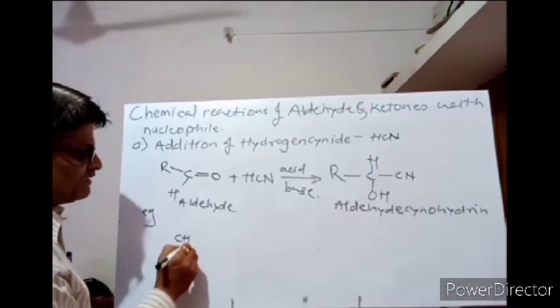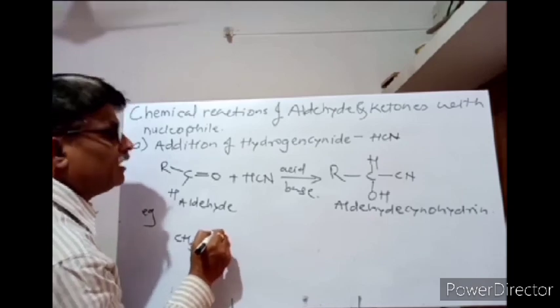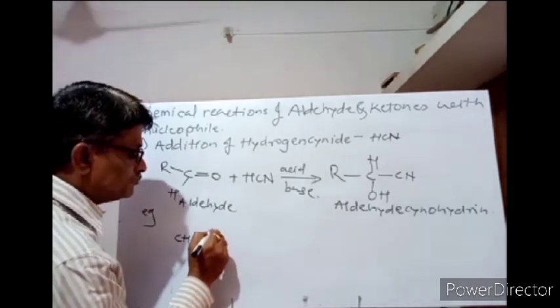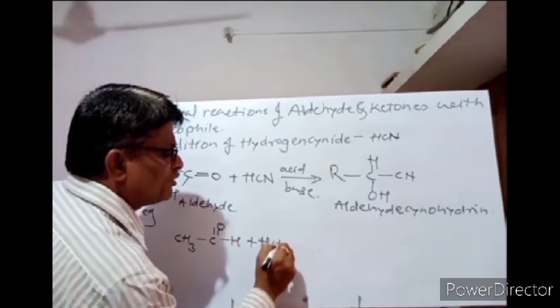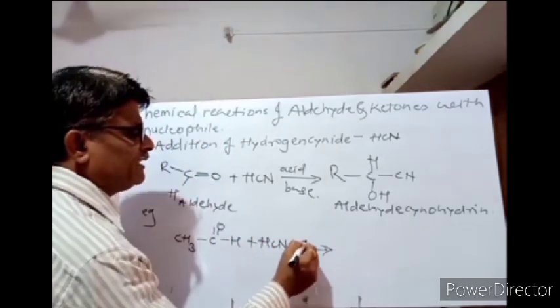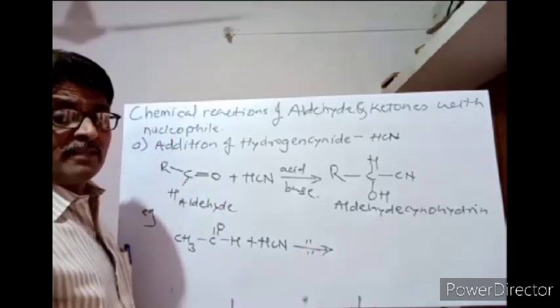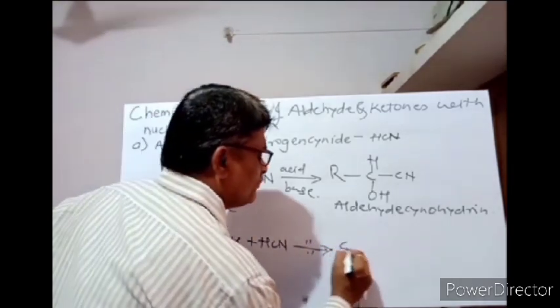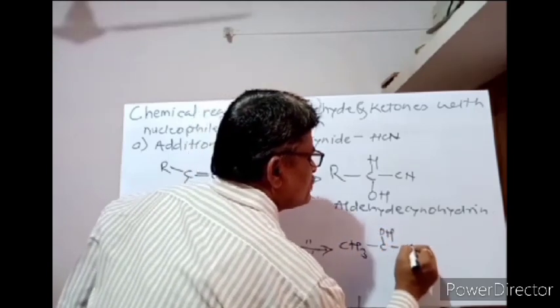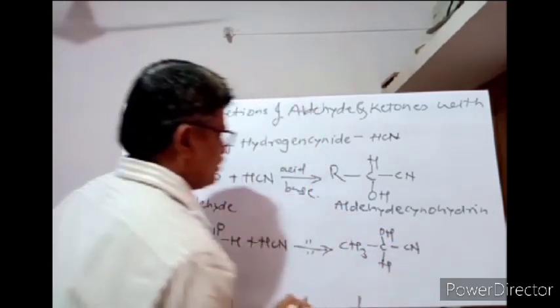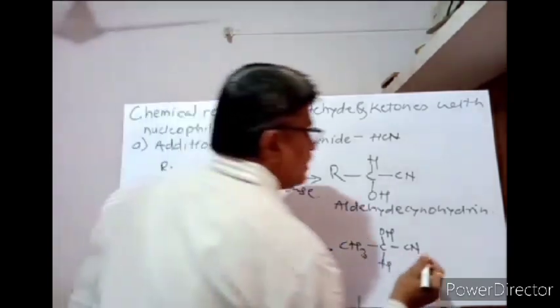When acetaldehyde CH3C double bond O H reacts with hydrogen cyanide or hydrocyanic acid, again in presence of weak acid or base, formation of CH3C(OH)(CN)H takes place.